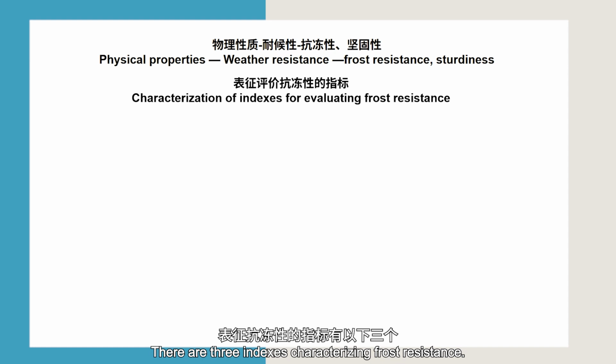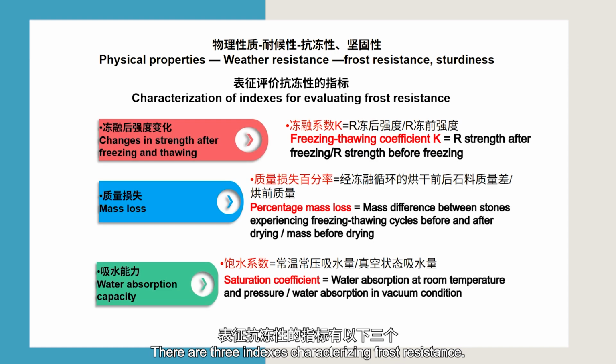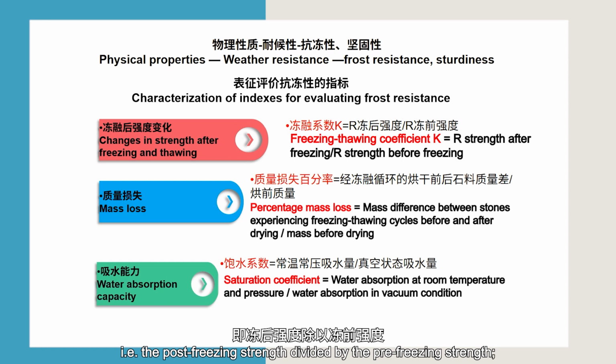There are three indexes characterizing frost resistance. Firstly, the change of strength after freezing and thawing is expressed by the freezing-thawing coefficient, that is, the post-freezing strength divided by the pre-freezing strength.